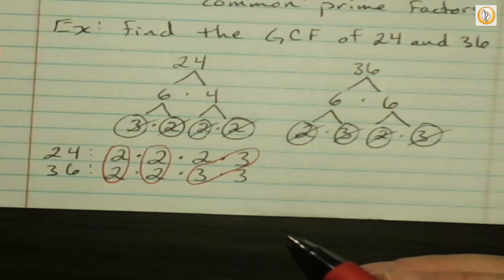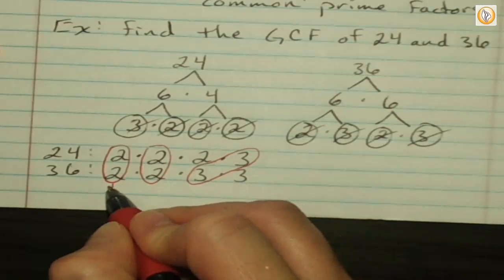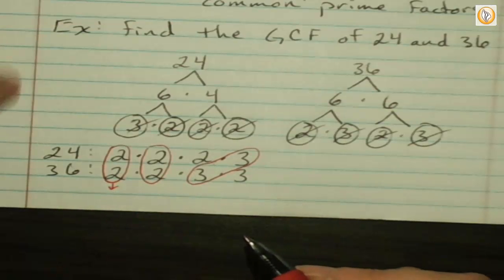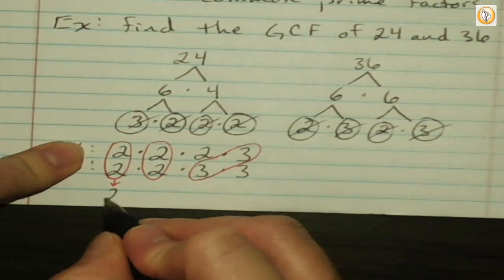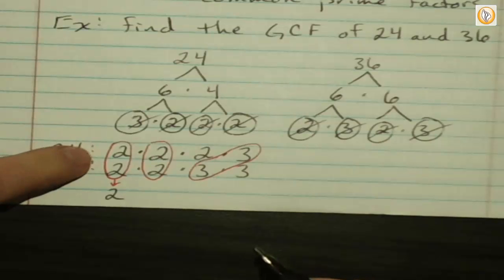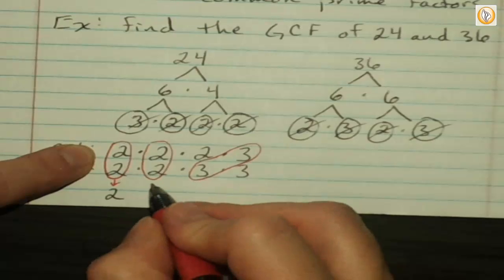Now, guys, this right here, what I'm about to show you, is the biggest mistake my students make. With this common set of 2's, you're only going to write down one 2. They have a 2 in common. It's not two 2s, it's one 2.